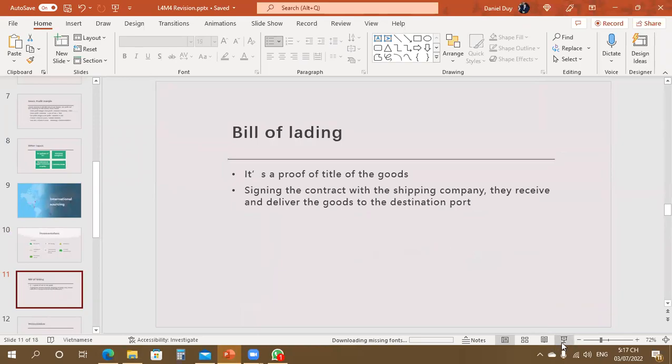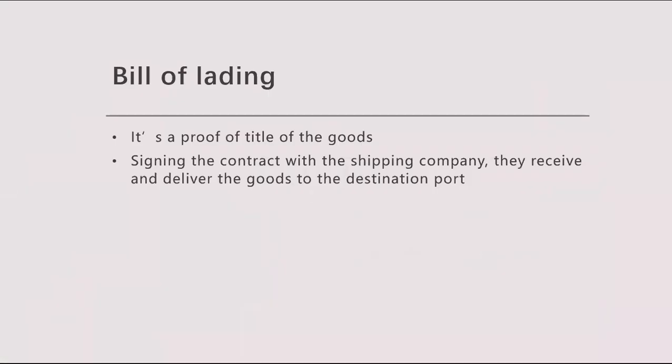When we are talking about bill of lading, it plays two roles. First, it is a legal document, or the contract between the buyer or the seller and the shipping company, the deliverer. Second, in import and export, bill of lading sometimes plays a role as the proof of title of the goods.